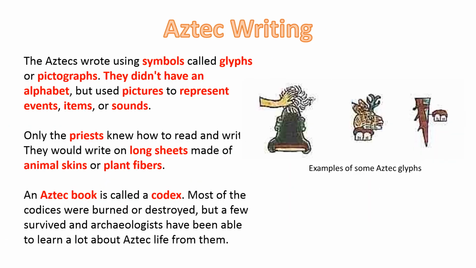Aztec writing. The Aztecs wrote using symbols called glyphs or pictographs. They didn't have an alphabet, but used pictures to represent events, items, or sounds. And here is an example of some of their glyphs. Only the priests knew how to read and write.